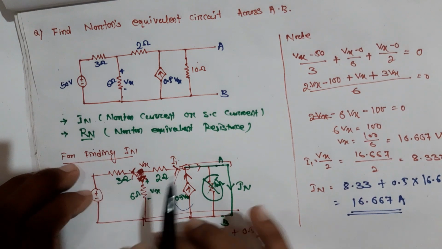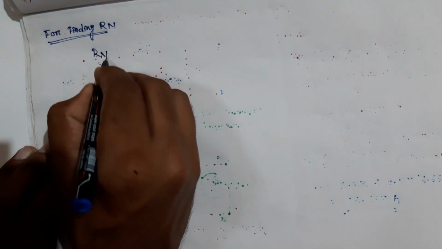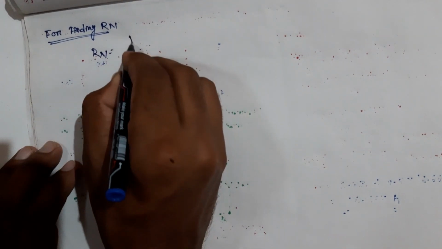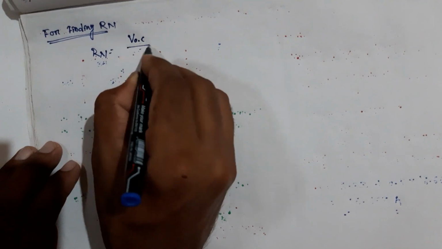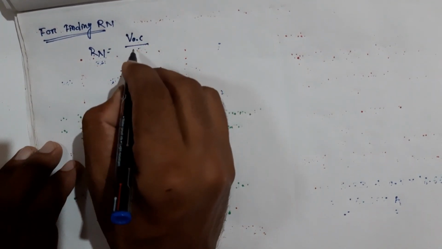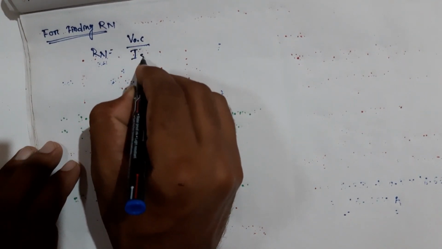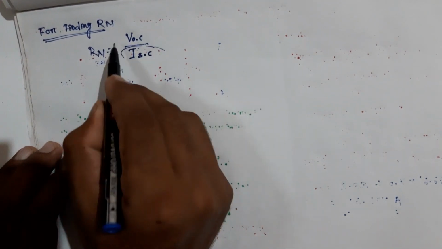We know that Rn is equal to open circuit voltage divided by short circuit current. We already found the short circuit current, so we need to find the open circuit voltage.